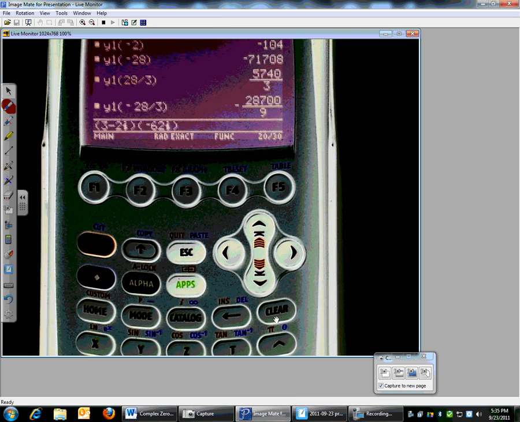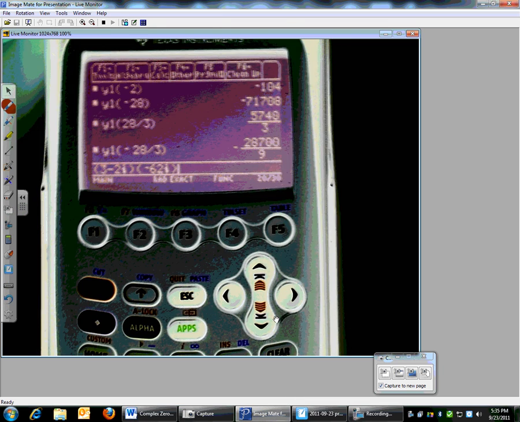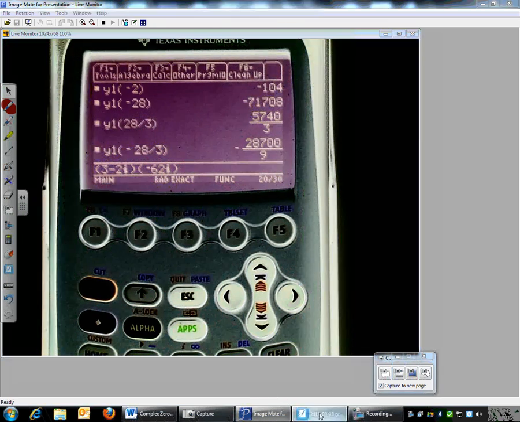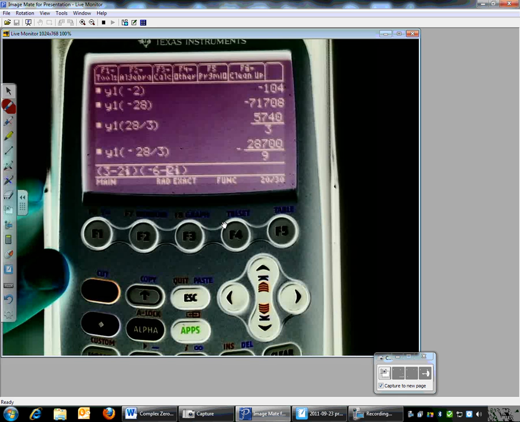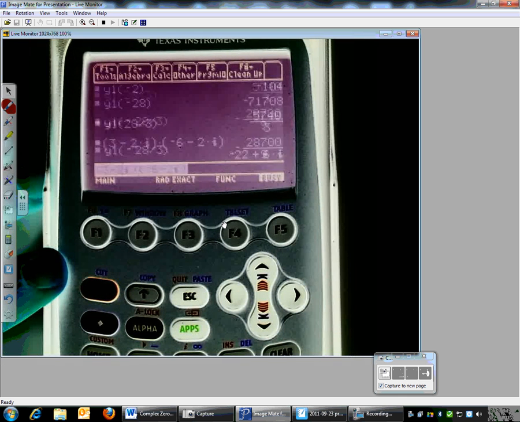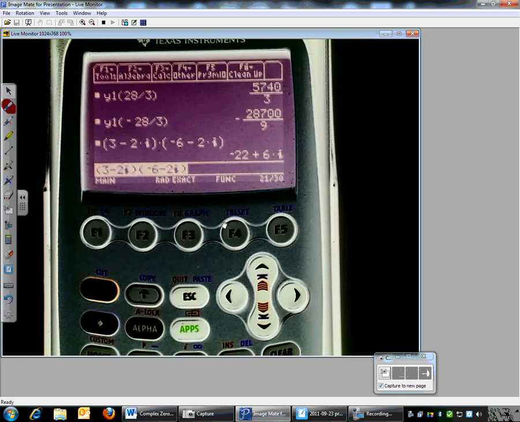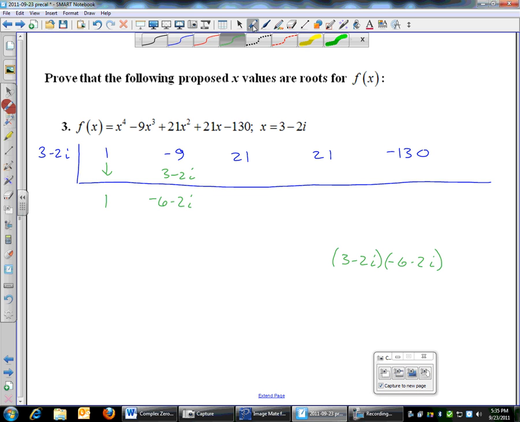So there you see, I missed a button. It's not negative 62i, it's negative 6 minus 2i. And when I hit enter, it tells you negative 22 plus 6i. So that's what they multiply to, negative 22 plus 6i. And so I'm going to add 21 minus 22 is negative 1. And I'm going to multiply again.